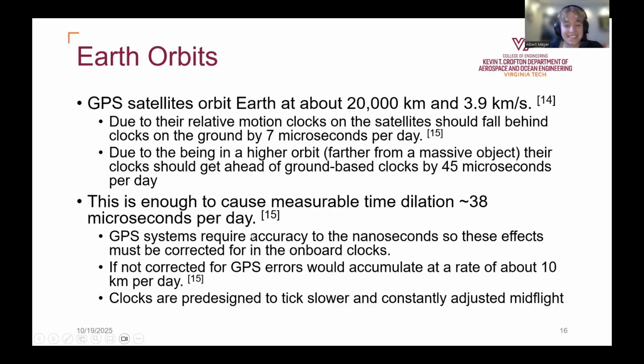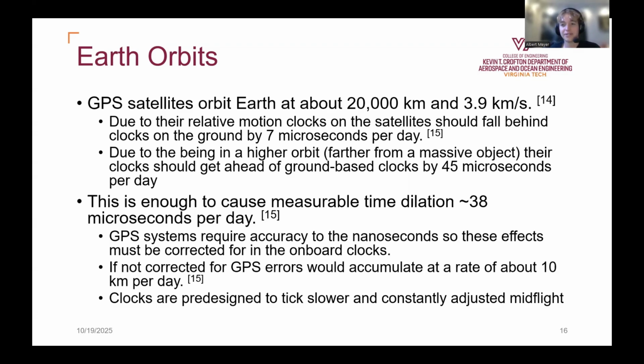That is quite a lot to be off. If it's not corrected, the errors will accumulate at a rate of about 10 kilometers per day. So if we hadn't discovered relativity and weren't correcting for relativistic effects, your GPS satellites would get off by about 10 kilometers at the end of the day. Pretty wild stuff. Definitely do not want that.